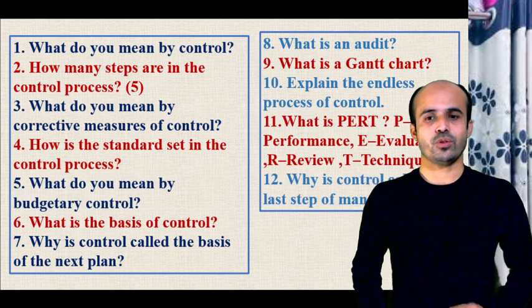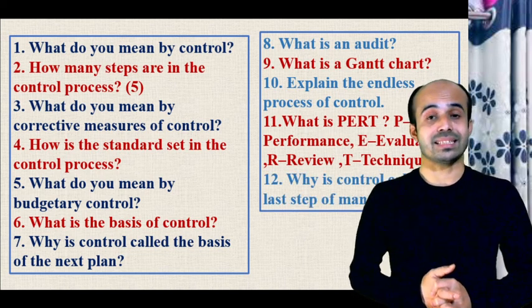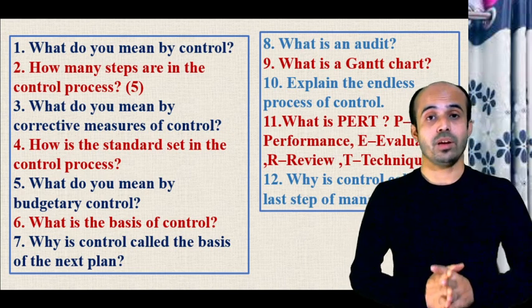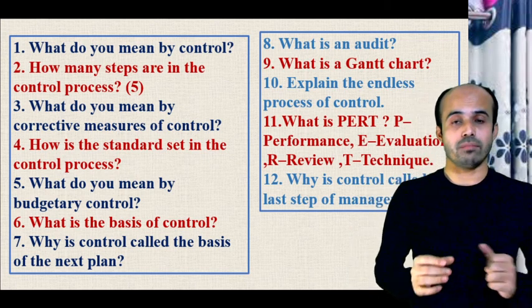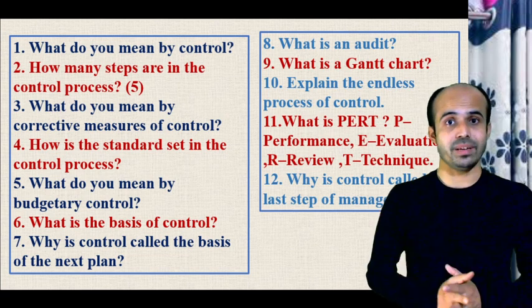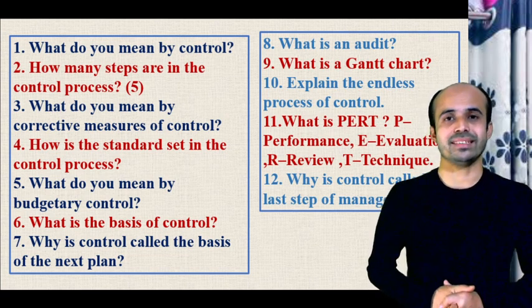Now coming to another question, why is control called the last step of management? You know that in the circle of management, including 7 activities, the last activity of this function is controlling.